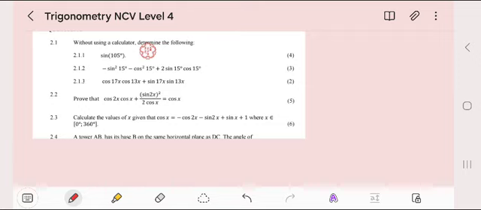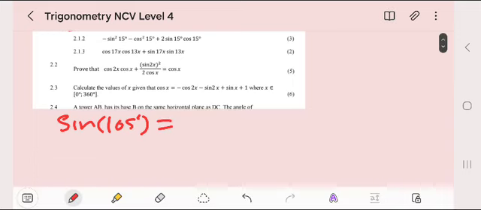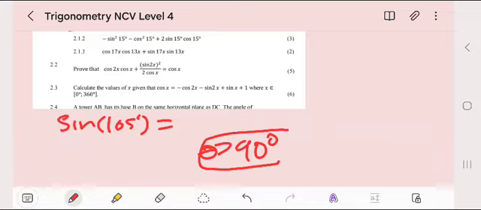We are given sine 105 degrees. When the angle is greater than 90, we reduce it.